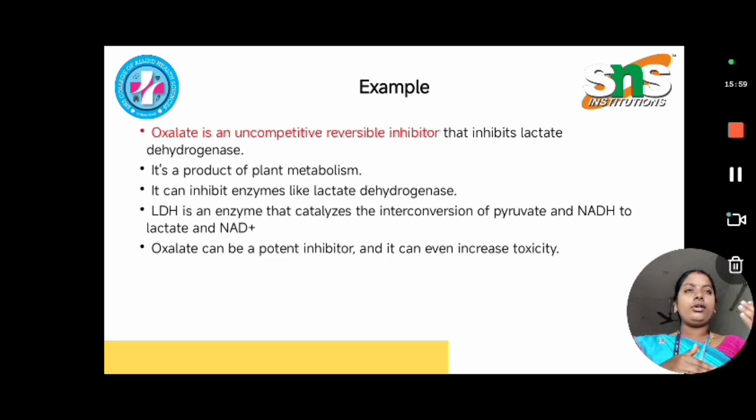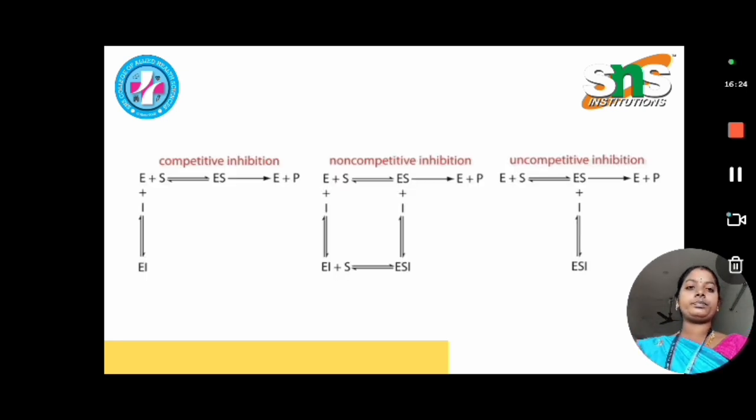So if the lactate dehydrogenase enzyme is there, lactate is formed. Lactate is nothing but lactic acid. If the lactate dehydrogenase enzyme is inhibited by this oxalate inhibitor, lactate does not form, and oxalate can be a potent inhibitor and can even increase toxicity. So this is the overall summary.